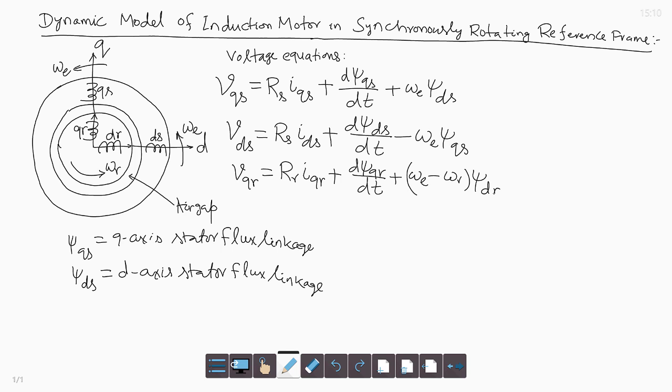So, the relative speed is omega e minus omega r.